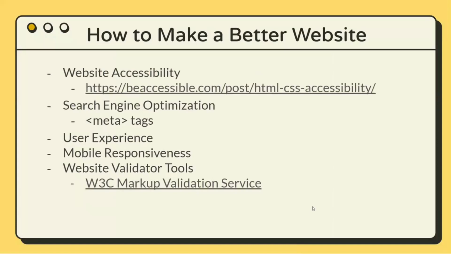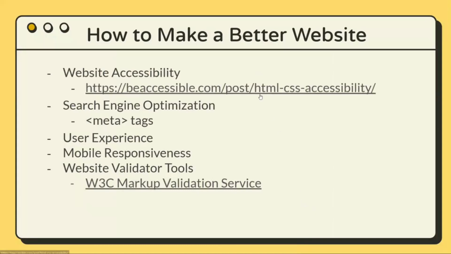And when you're making your website, of course you want it to look pretty, but there are also a number of best practices that you can utilize to make your website more accessible, and easier to find when users are searching for your information online.